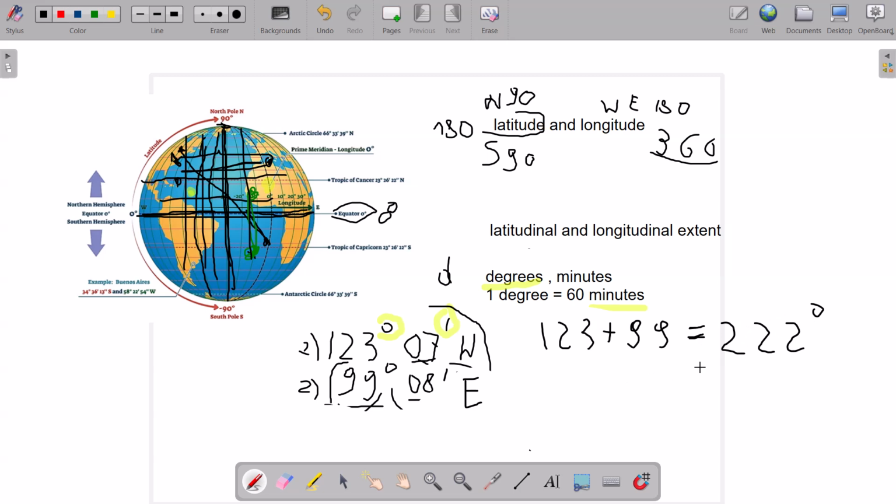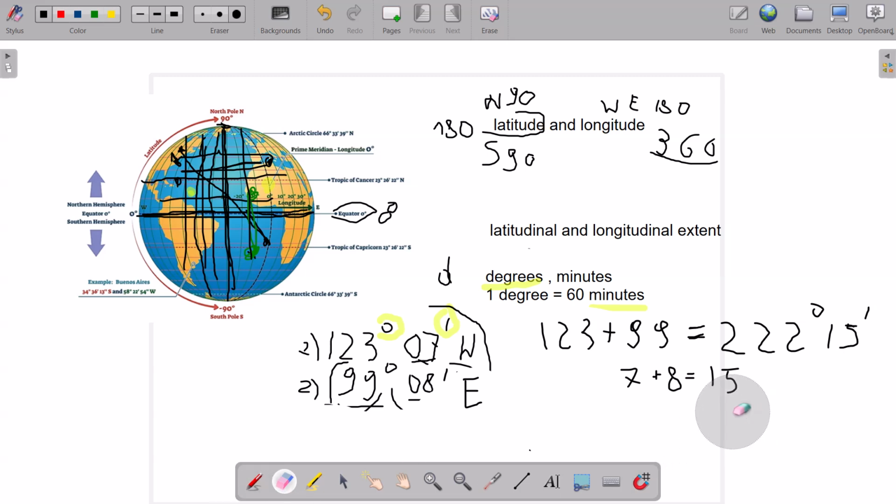Remember, maximum can be 360. So we have 222 degrees, but what to do with the minutes? We can just add minutes, right? 7 plus 8. It will be 15 minutes. So the longitudinal extent will be 222 degrees, 15 minutes, not 55, 15 minutes.